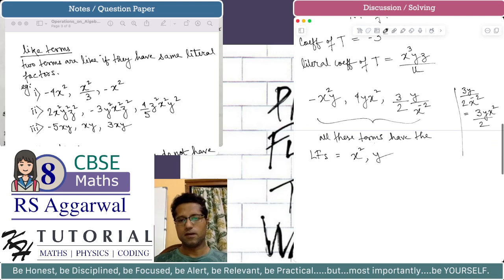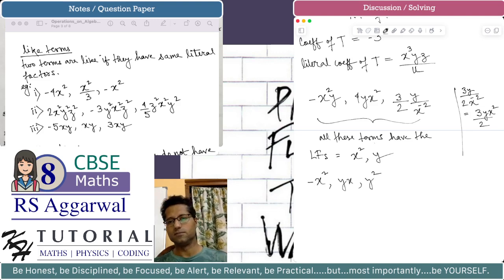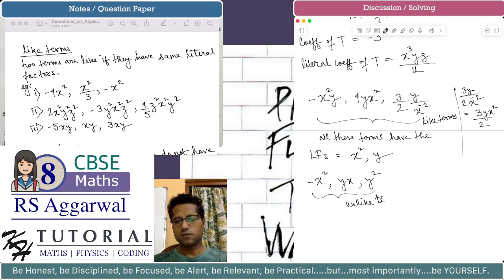Whereas the terms, let's say x, minus x square, xy, y square, these are not like terms. So the earlier ones are like terms, and these are unlike terms because they do not have the same literal factors.